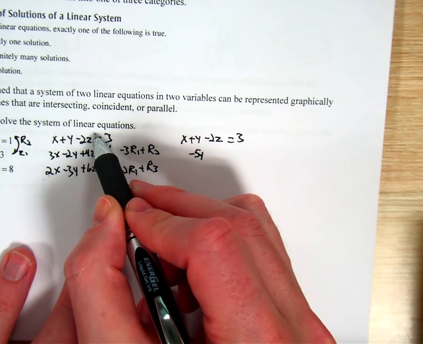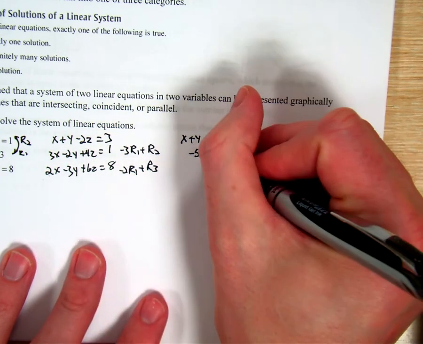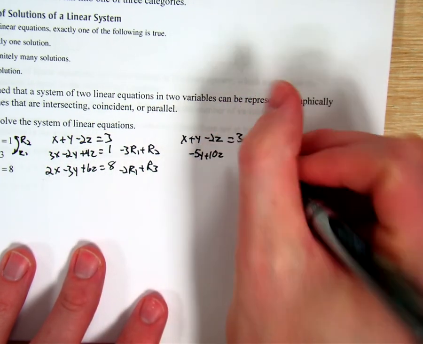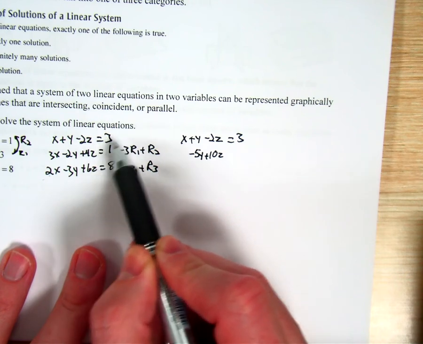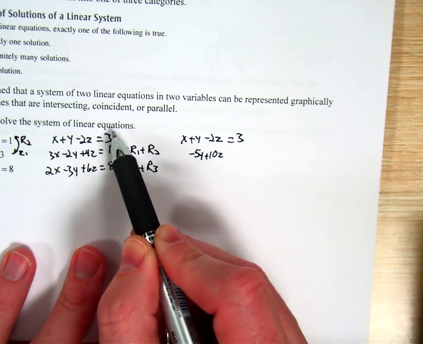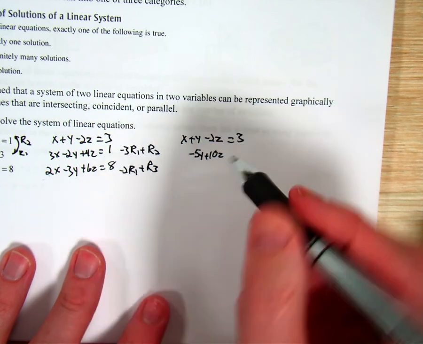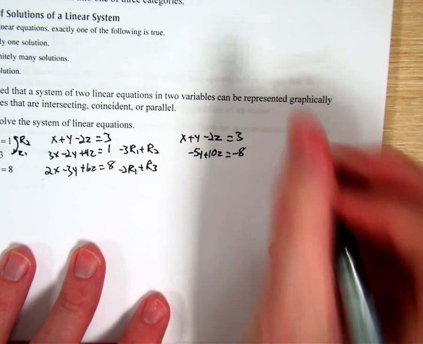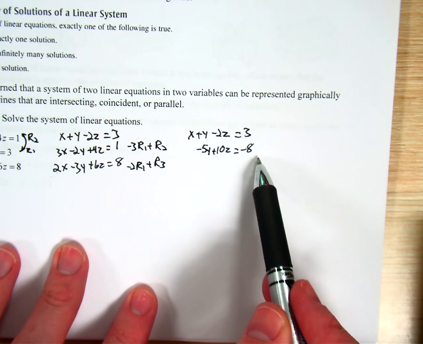Negative 3 times this one, we'll have positive 6z. 4z makes it 10z. And this is a common mistake. Kids always forget this, to multiply the answer side. Negative 3 times 3, we'll have negative 9. Add 1, negative 8. So our new row 2 is negative 5y plus 10z equals negative 8.